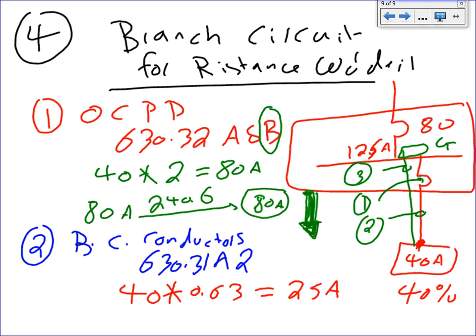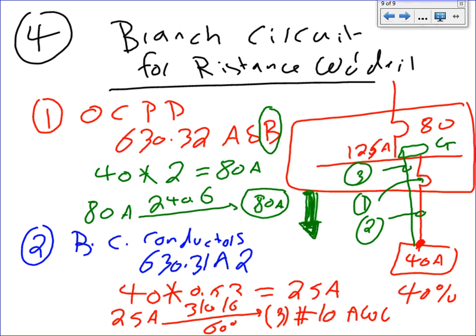Then I'm going to take 25 amp all the way to 310.16. Let's just use the 2008. 310.16 under the 60-degree column. What would that give you guys? Number 10. How many conductors? 3 conductors, number 10 AWG.